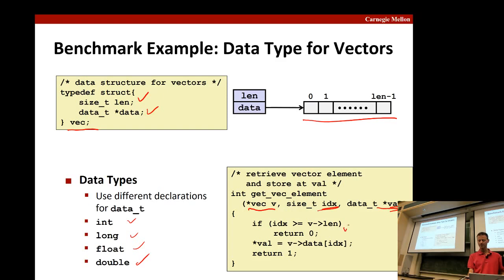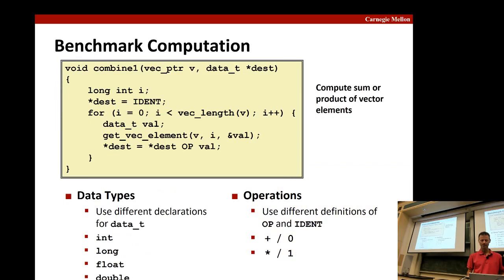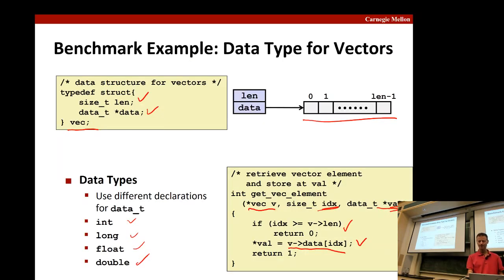If you give it an index that's too high, it returns 0. Otherwise, it returns 1, and the value at that position is put into that location for you. That's called get vector element. So we have this type, and we have get vector element.